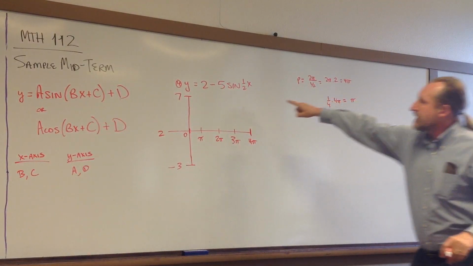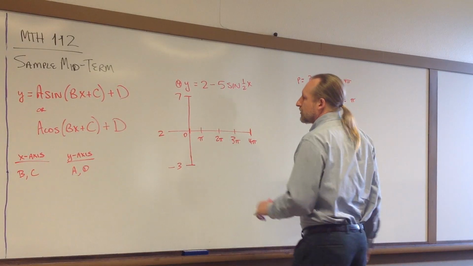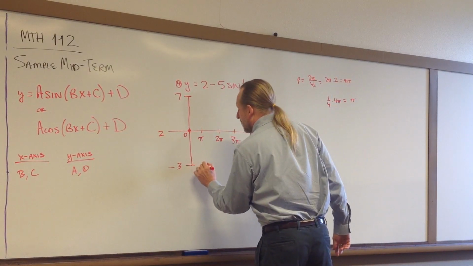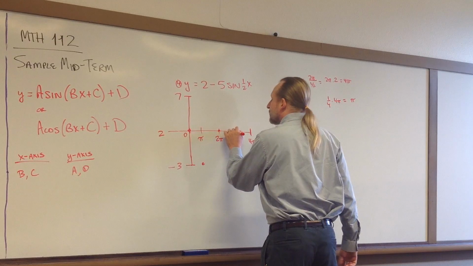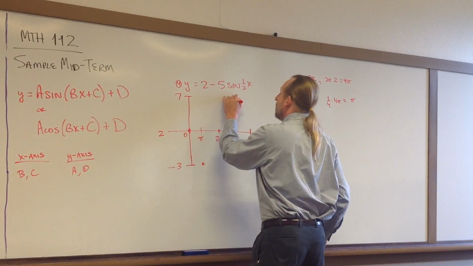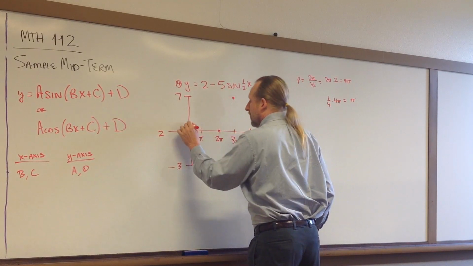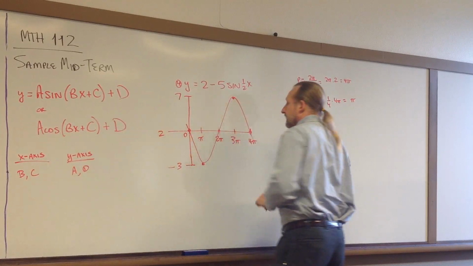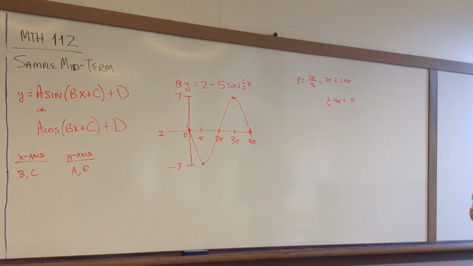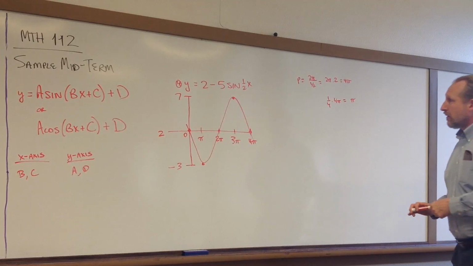Let's see, this is a negative sine graph, so we'll start at 0 and then go down to the minimum first, back to 0, and up to the maximum before you come back to 0 like that. Okay, so that's problem 4.